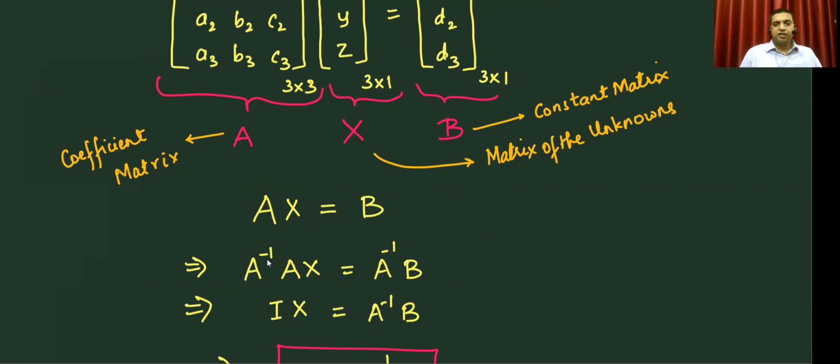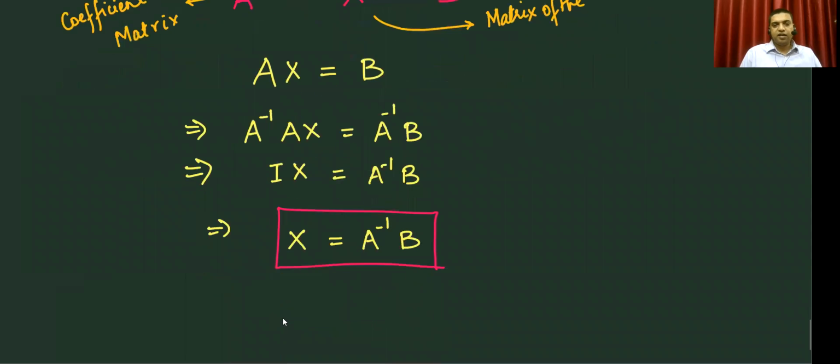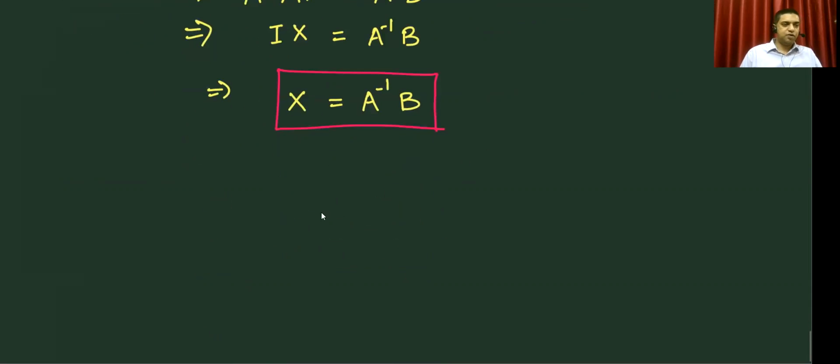So A into X is equal to B. You multiply with the inverse: A inverse A times X is equal to A inverse B. A inverse A is I, and I times X is X. So X is A inverse B. This is what we discussed yesterday.